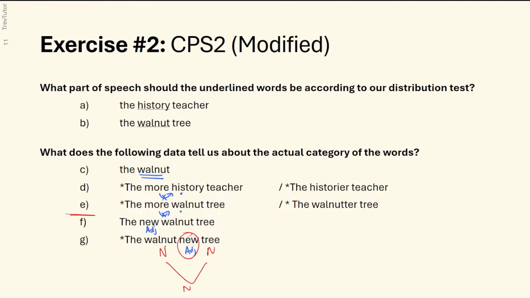Therefore, we can't take this adjective and stick it between two nouns in order to describe both. Instead, we have to put it out front. So what this tells us is that these words, history and walnut, are actually nouns in this case, and they form complex nouns with the noun that follows. So "the new teacher" versus "the history teacher": new would be an adjective, but history would be a noun in this case.